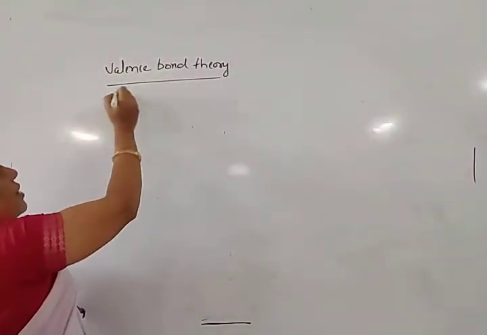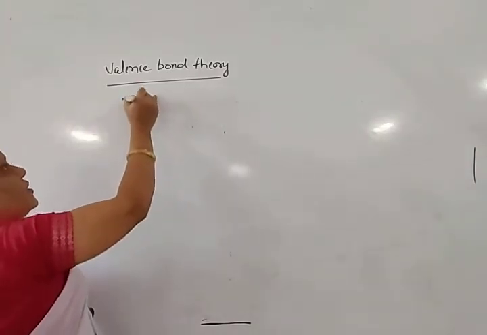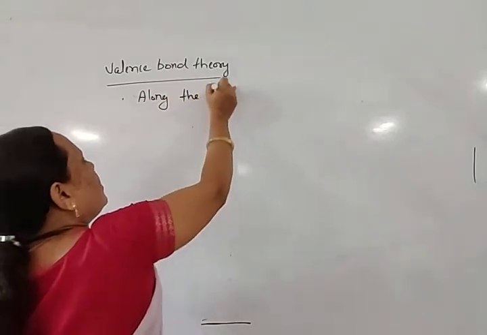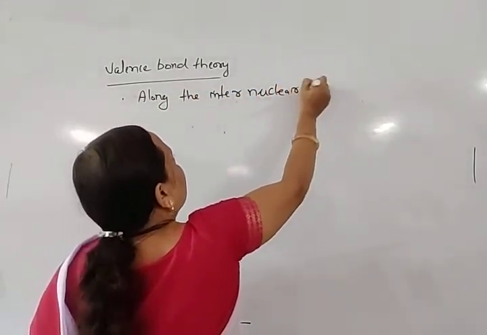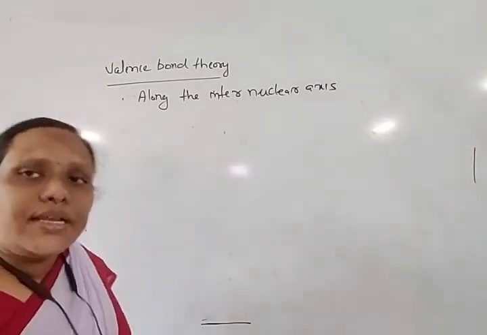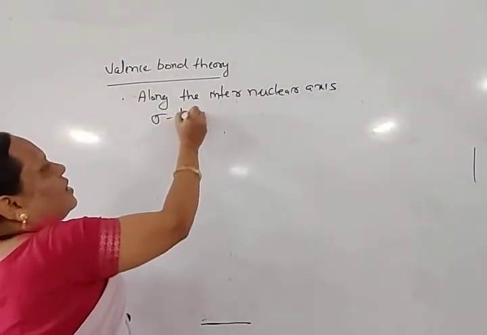So the overlapping which takes place along the internuclear axis is known as sigma bond. That is known as sigma bond.